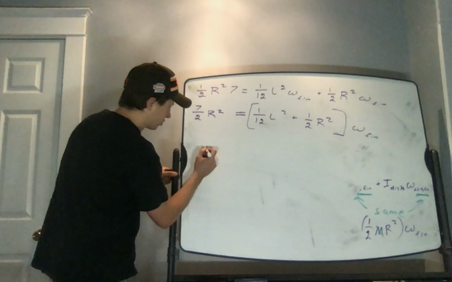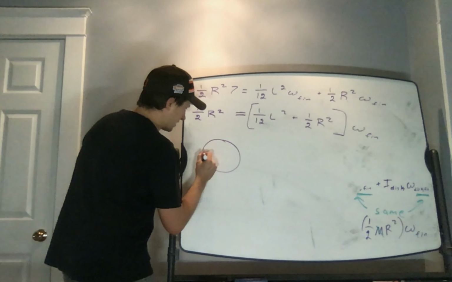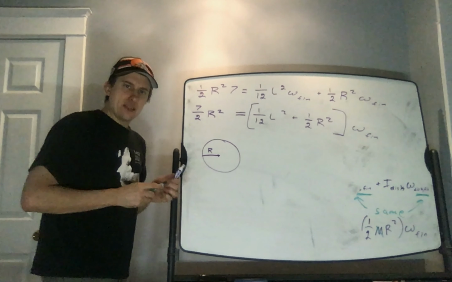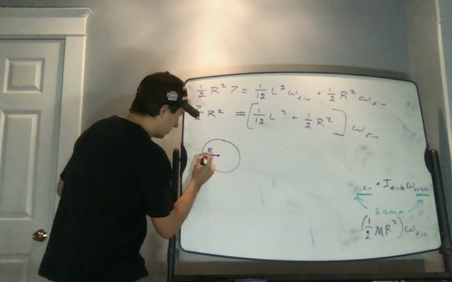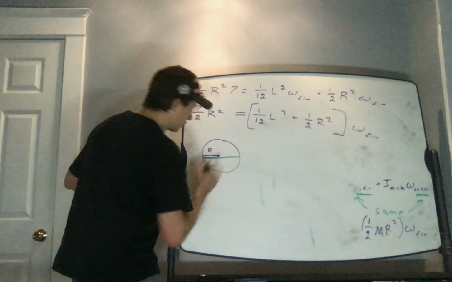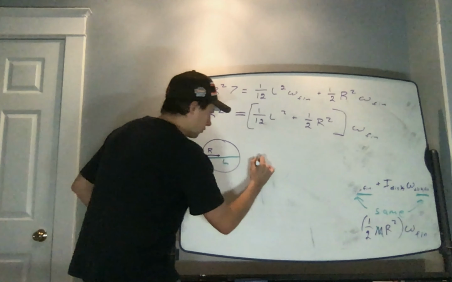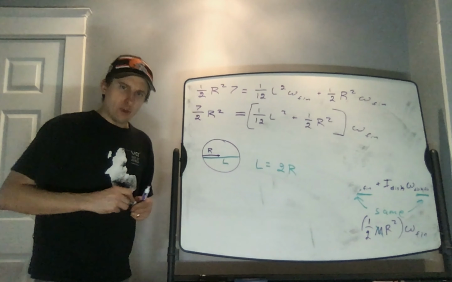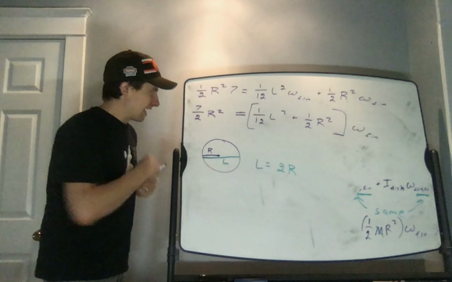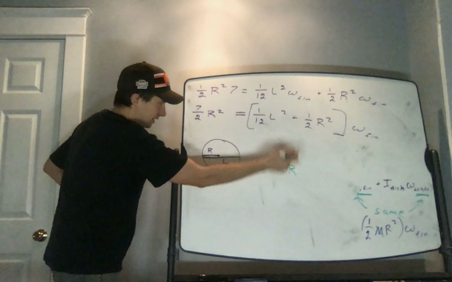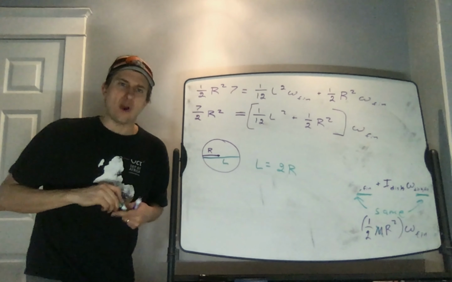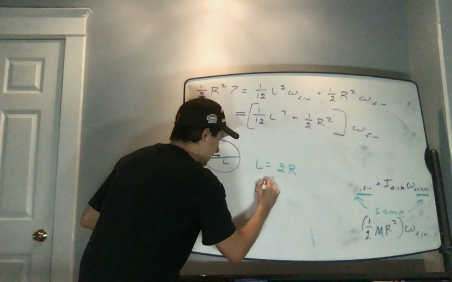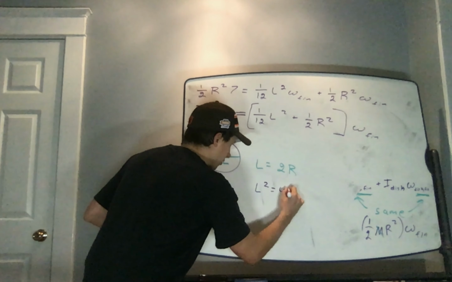So if I were to draw a picture of this, here is my disc, and this disc has a radius R, and the rod itself has a length equal to the diameter. So I could say the length of the rod is equal to 2 times R. So L is going to be replaced by 2R. So since L is equal to 2R, that implies L squared would be 4R squared.